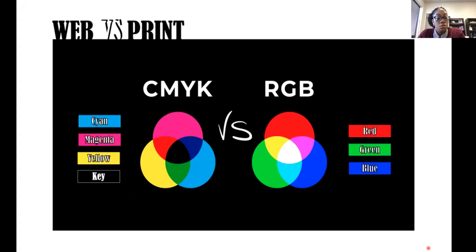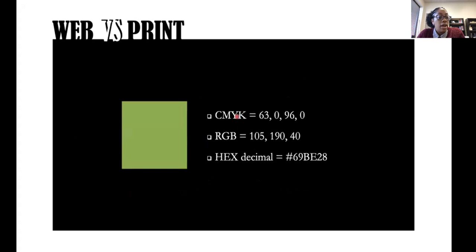But then B, when you have those expressions of numerical values, you have them in numbers. For example, to create the color green, in CMYK you need 63% cyan, 0% magenta, 96% yellow, and 0% key.